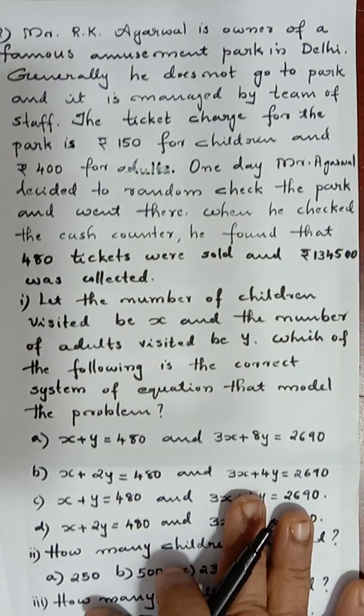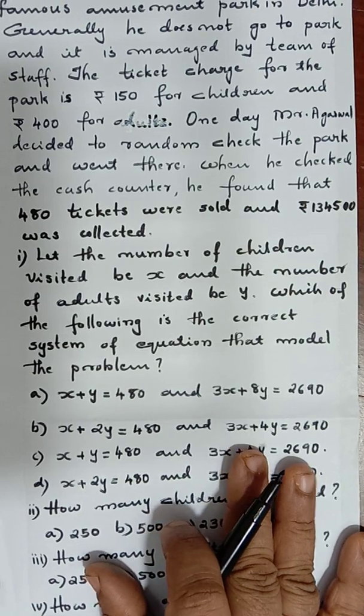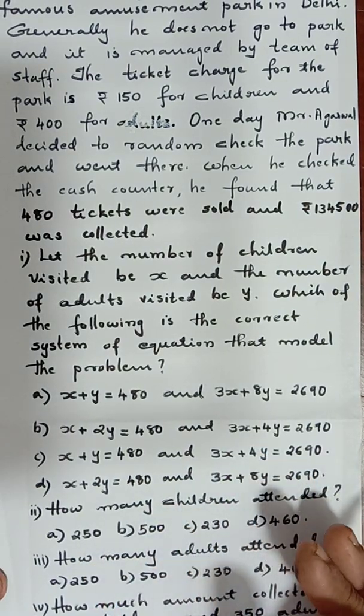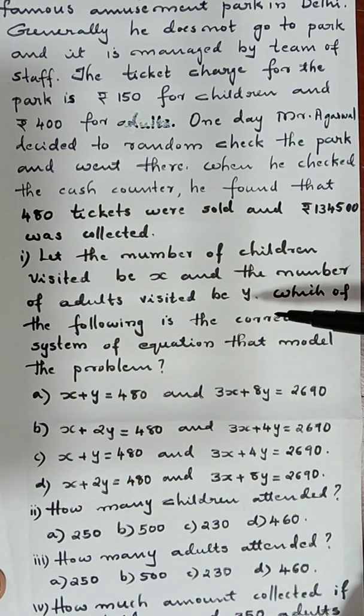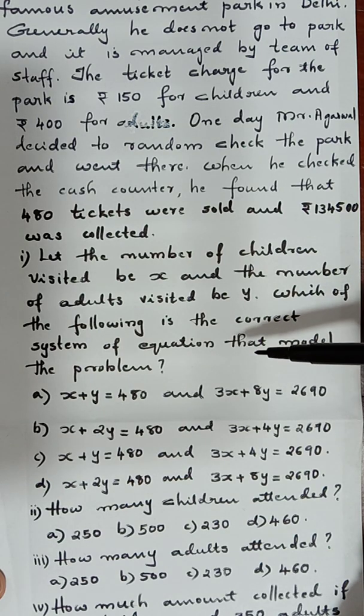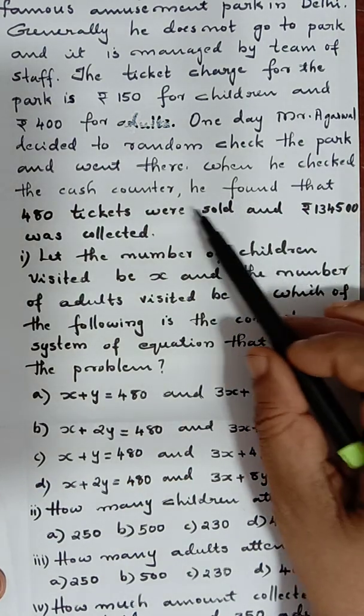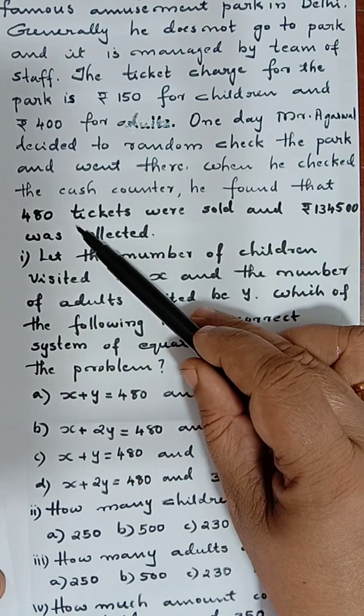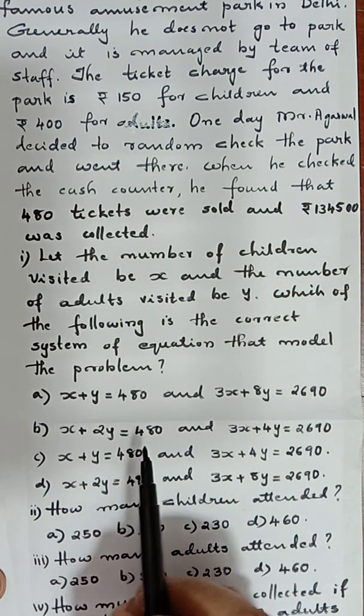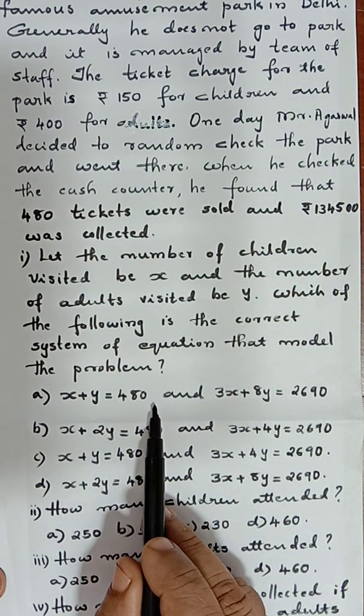It's very simple. Number of children visited is X. Here we have total number of people who visited, X plus Y. That we know, total tickets sold on one day is 480. So X plus Y is equal to 480.